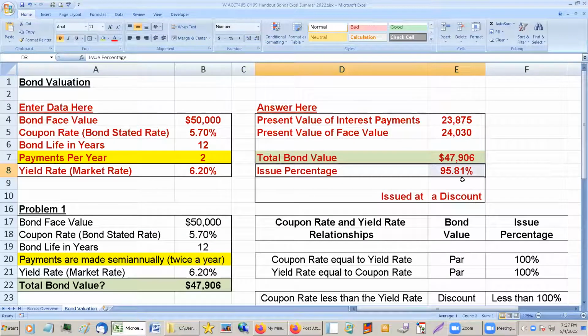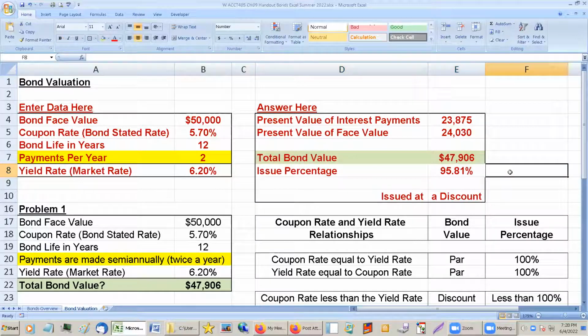And you might say, well, why do we care about that? Well, some people might buy one bond. Some people might buy 50 bonds. Some people might buy 2,000 bonds. They have to know what to write the check for. So they give that percentage and they say, okay, if I'm buying $10,000 worth of bonds times this 95%, now I know what to write the check for.